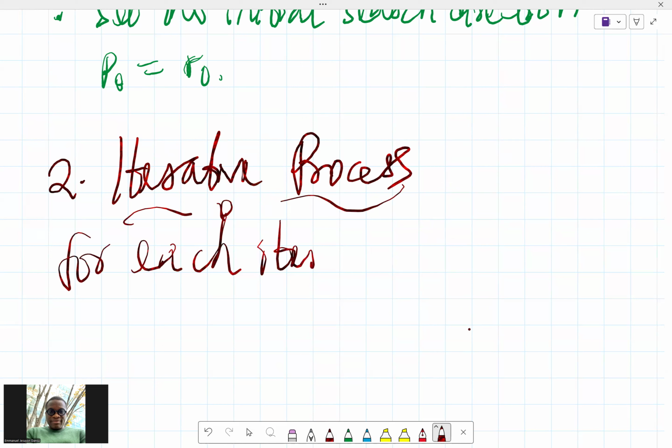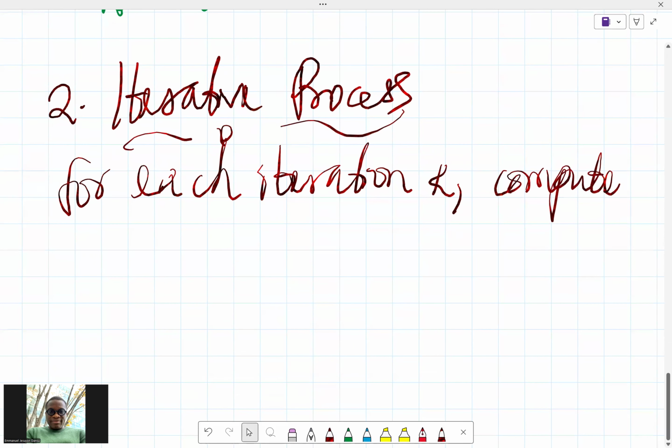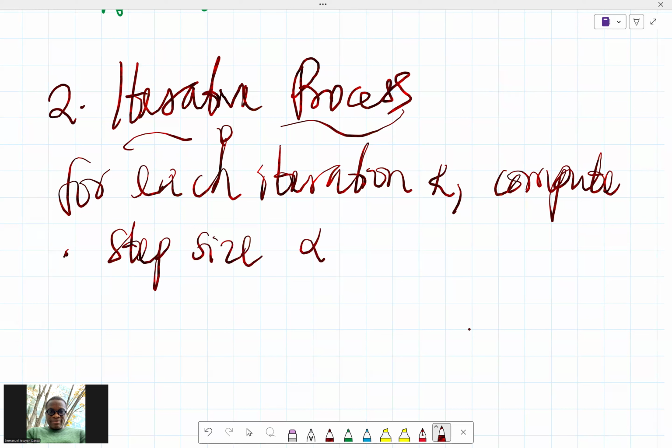For each iteration K, we have a lot of things to compute. It can be quite tasking. First, compute the step size alpha K. How do you do that?